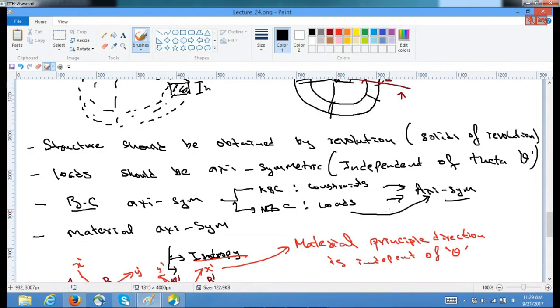If you try to solve the problem entirely without considering the symmetries, it may run for, let's say, 3 hours because of the size of the problem. The other way around, if you use this axisymmetric formulation, maybe you can solve the same problem within, let's say, 10 minutes or so, because we are reducing one dimension.